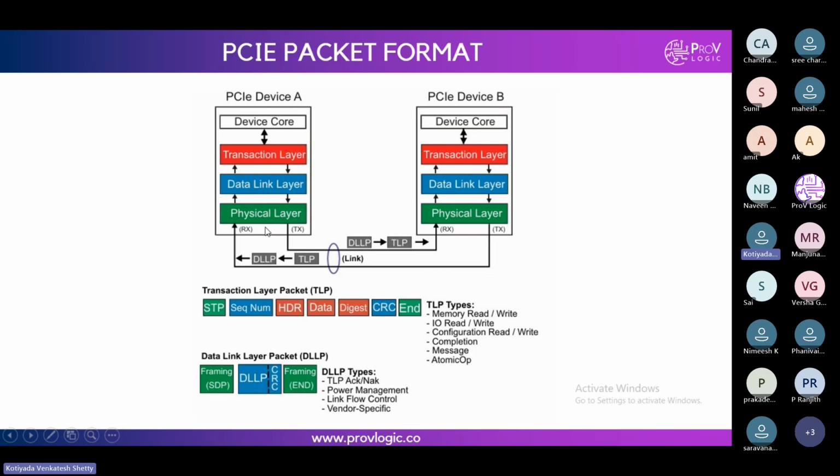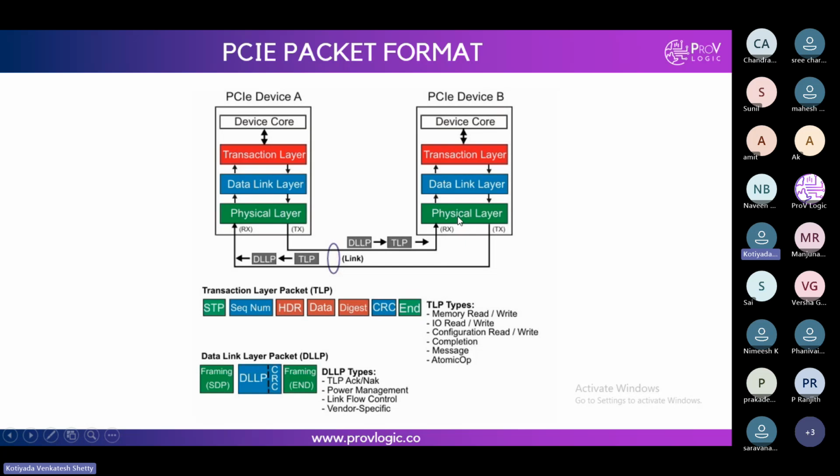When we come to the physical layer, we can discuss it. What we did on the transmitter side, at the receiver side we do quite the opposite. In the transmitter side, we append the STP and END.